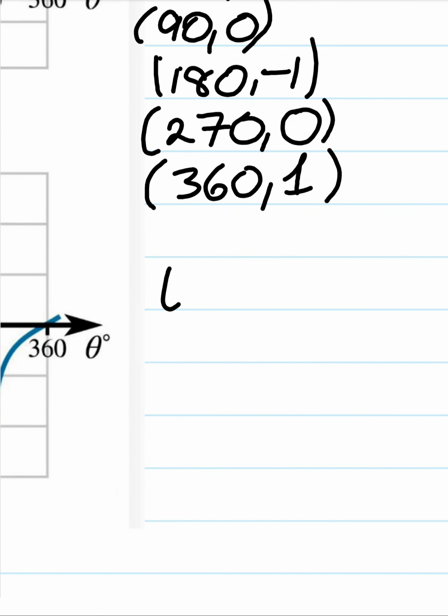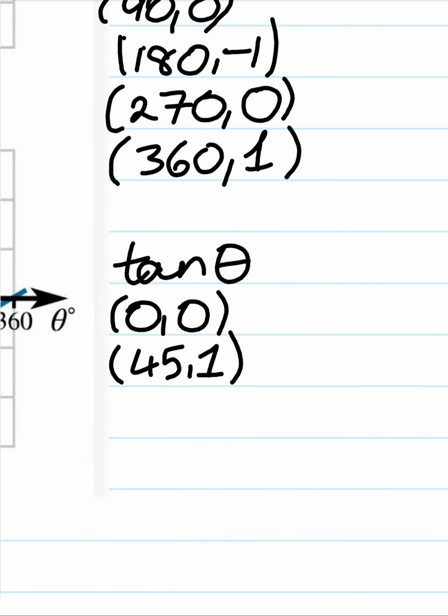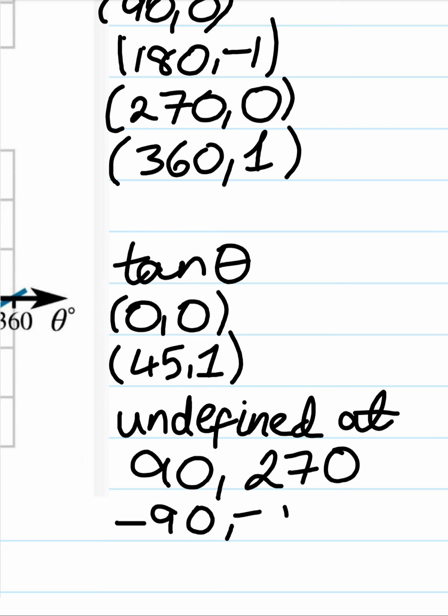Finally, the key points for a tan graph are as follows. 0 gives you 0. 45 gives you 1, which is a key point that you should know, and it's often quite helpful when answering problems. And the graph is undefined, i.e. does not have a value, at 90, 270, minus 90 and minus 270.